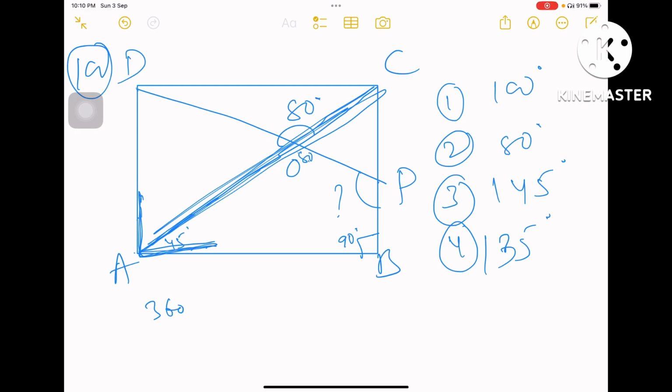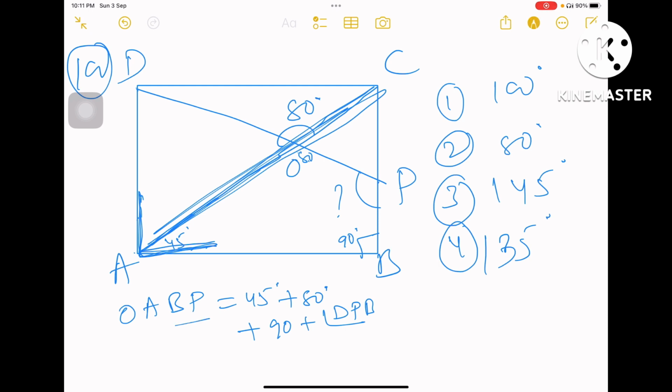We can see here, it has actually become a quadrilateral OABP, and the angles here are 45 degrees, that is OAB, plus AOP, that is 80 degrees, plus ABP, that is 90 degrees, plus we don't know angle DPB.